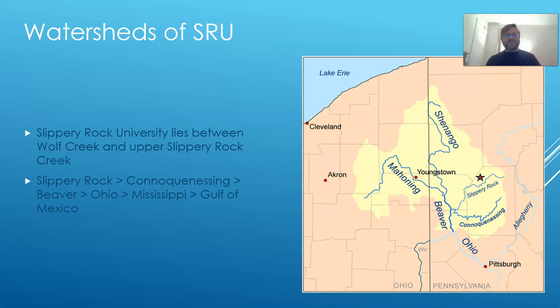You can find that stream, follow it downhill, see what that feeds into, and so on, and try to see where your water ends up, and therefore what watersheds you are a part of wherever it is that you're living that's not Slippery Rock.